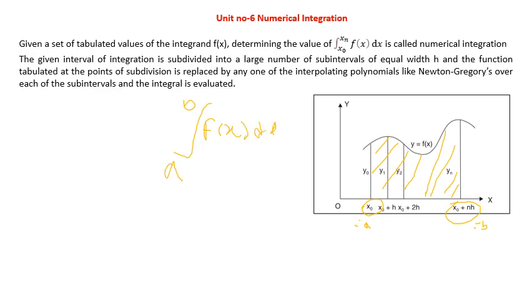Okay, so it is written that the given interval of integration is subdivided into a large number of subintervals of equal length h, and the function tabulated at the points of the subdivision is replaced by an interpolating polynomial like Newton's Gregory's over each subinterval, and the integration is evaluated.